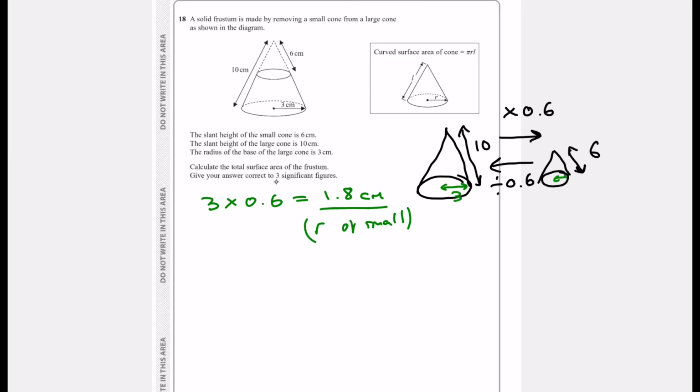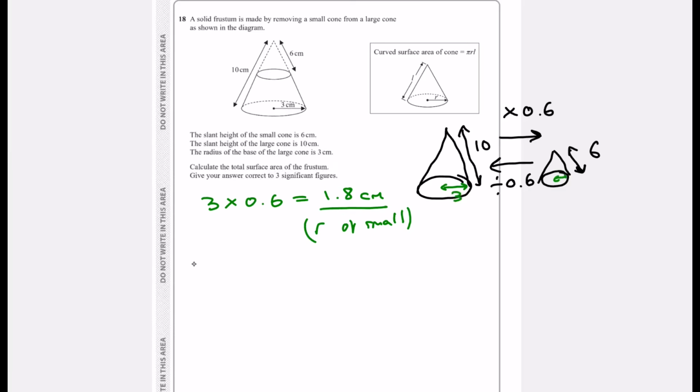Calculate the total surface area of the frustum. So we're going to do the curved surface area of big cone, take away curved surface area of small cone, and then add on the two circles, the top and the bottom.